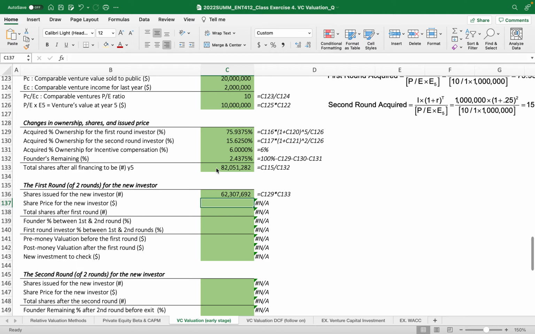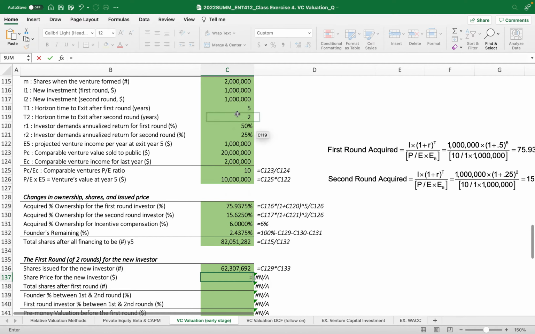Then, how much was the investment? 1 million divided by this shares issued for the new investor, now finally we got the share price at the time when they purchased these 62 million shares from the venture firm.